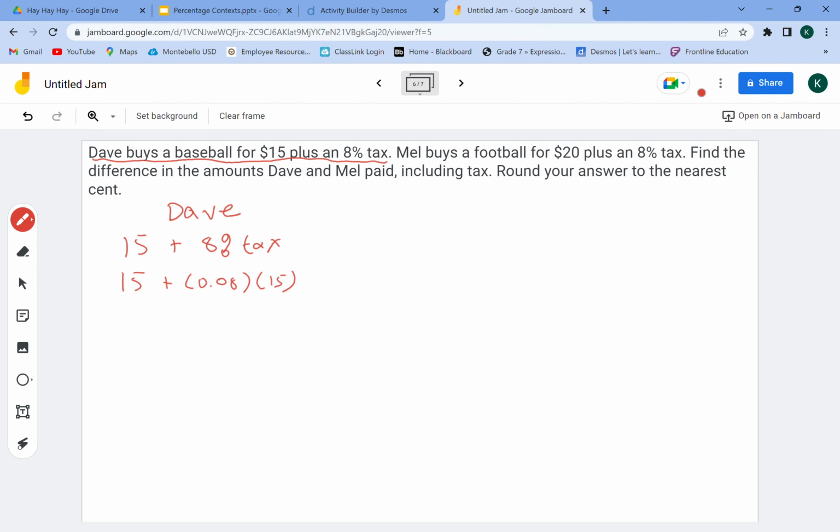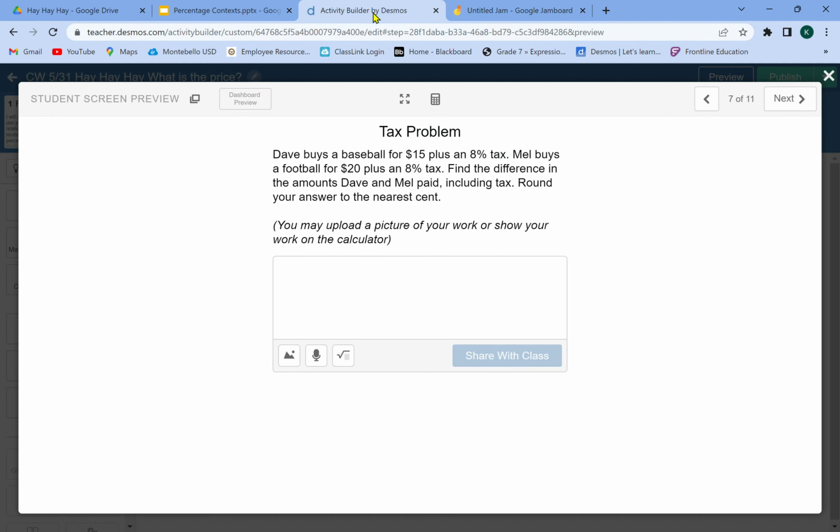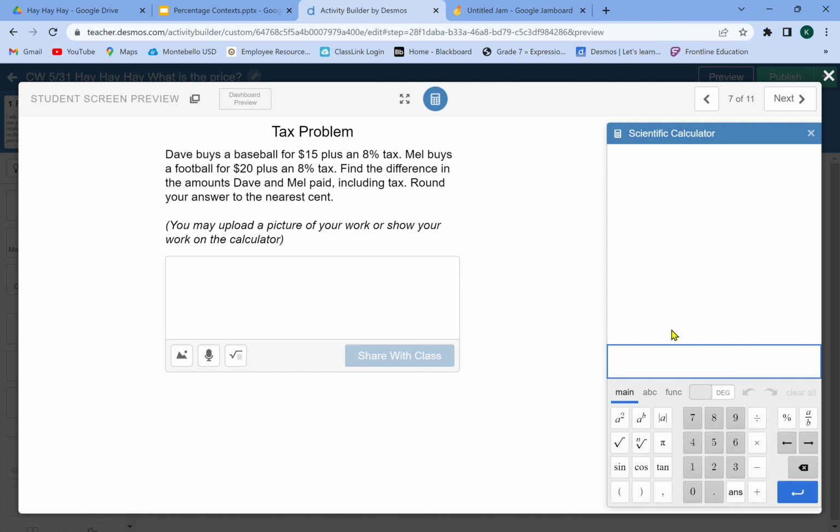Once I work this out, I'm going to go to the calculator. I have 0.08 times 15, and I get 1.2. Another way you can do it is to type in 8% of 15, and notice that I also get 1.2.